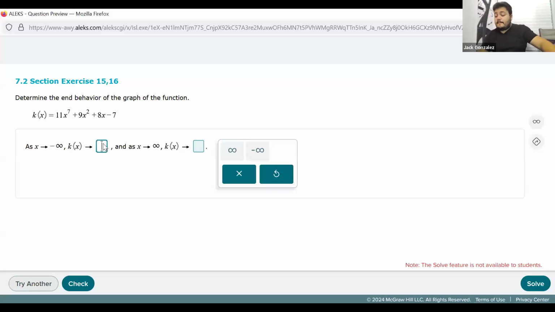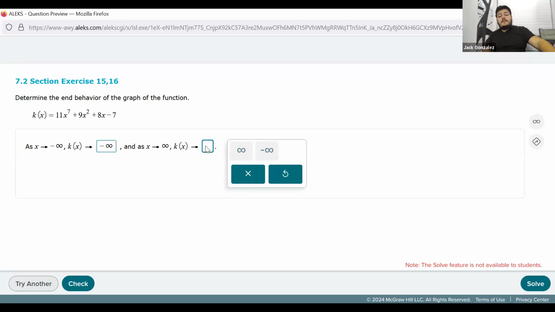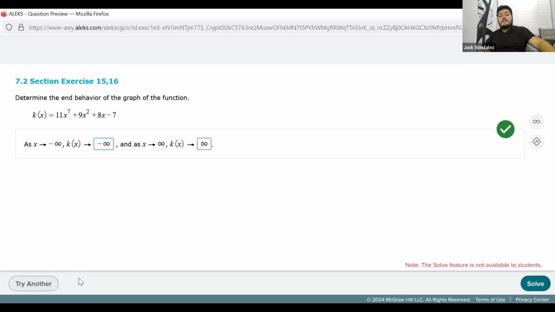Number 3 says that as we go to the left, this goes down. As you go to the right, it goes up. I give you those little graphs in PDFs, you remember? Any questions on number 9?